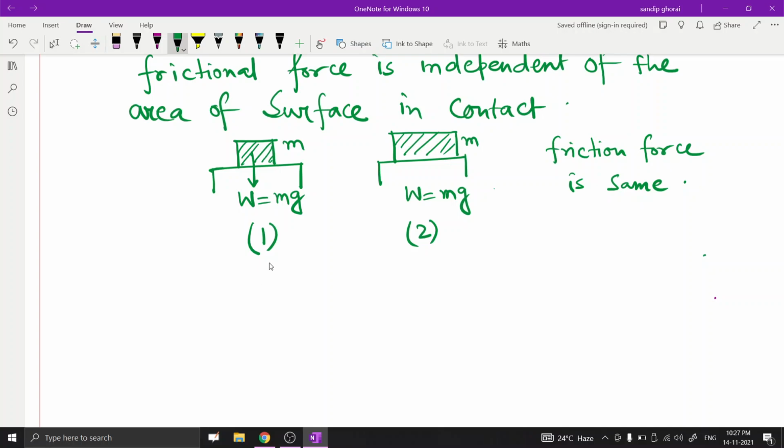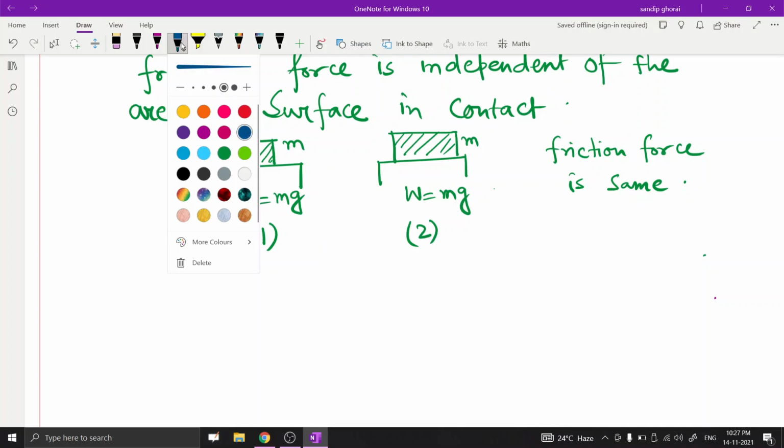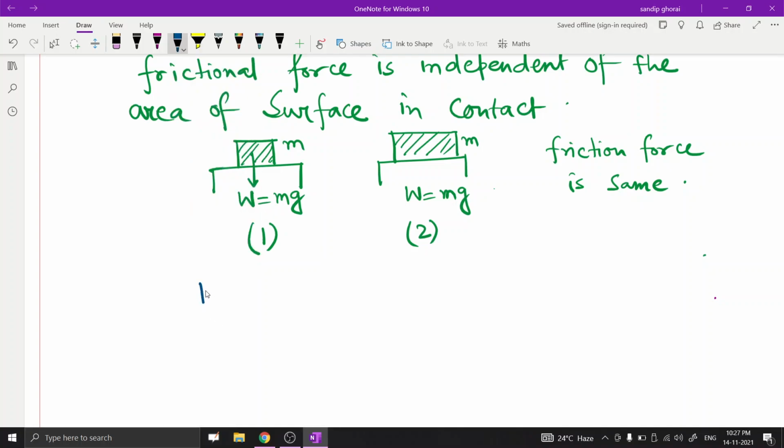Now the question is, what are the types of friction? Generally, friction force is classified into two different types. First one is static and second one is kinetic, or we can say moving.